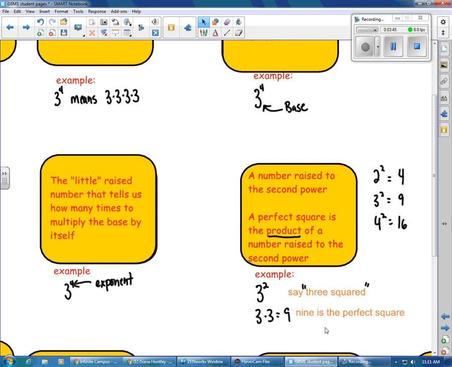Now there are numbers, integers, counting numbers that come between 4, 9, and 16. Does that mean they're not good numbers? No, it doesn't mean that they're not good numbers. It just means that there's no integer multiplied by itself that will equal 5 or 6 or 7. So all of the numbers that come between 4 and 9, they're fine numbers. They're just not perfect squares.